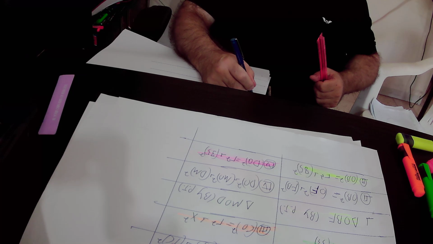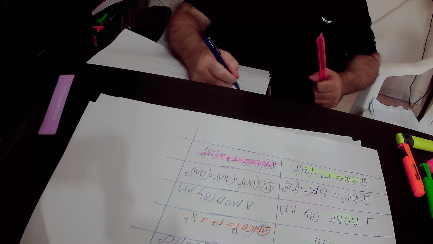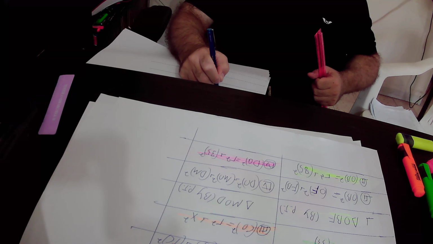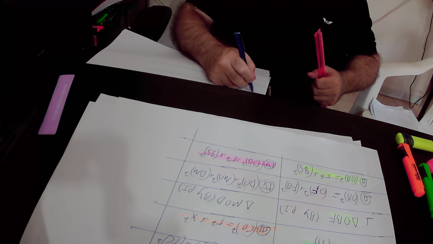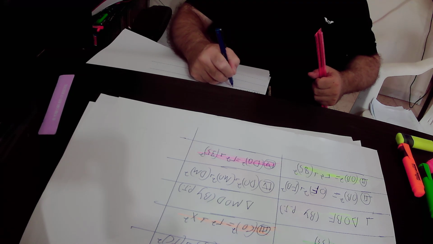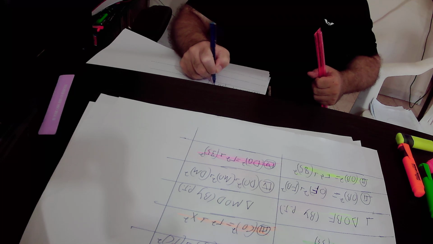According to equation number 3, we found out that CO squared equals R squared plus X squared. Finally, according to equation number 4, we found out that DO squared equals R squared plus 35 squared.